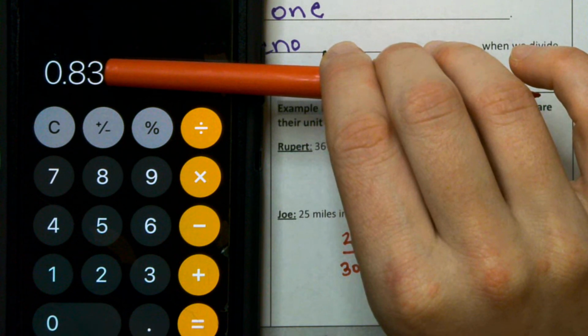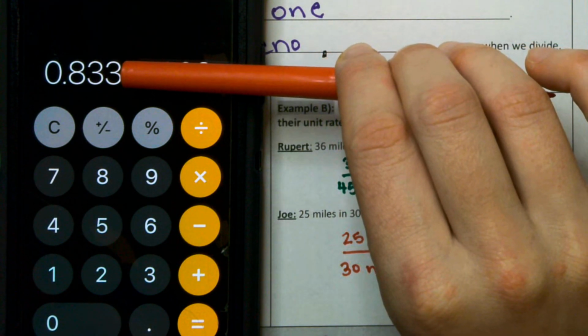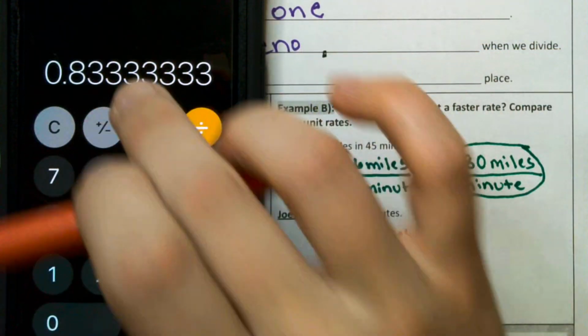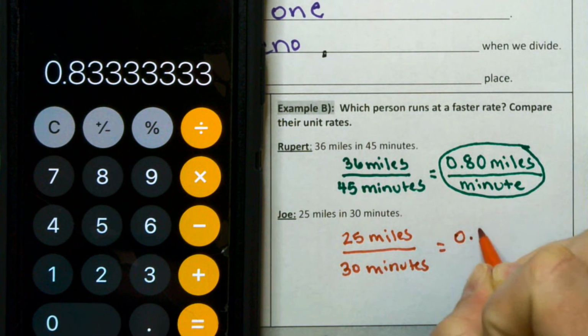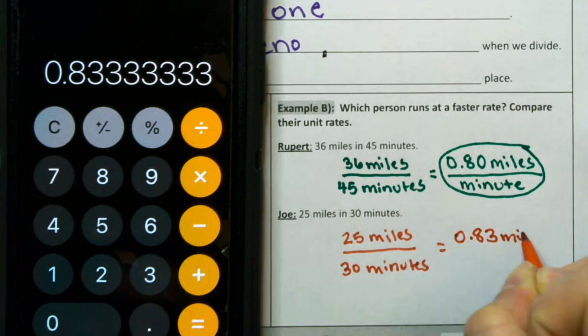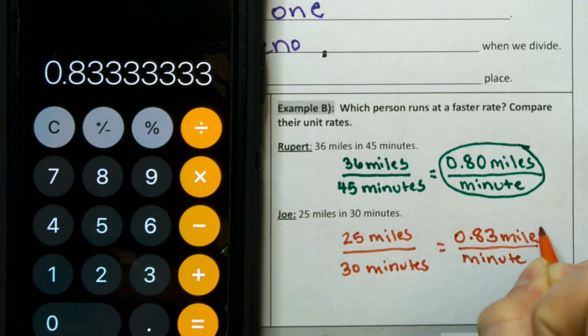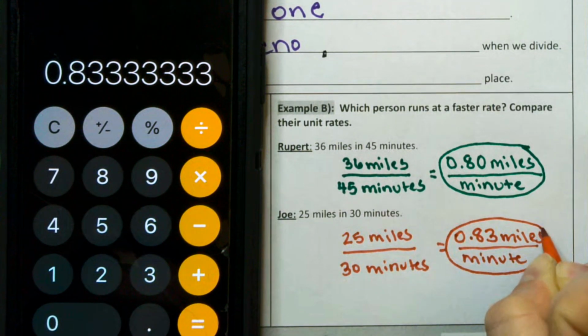It all depends on the next number. So the next number is a 3. That's below 5, so it's going to stay 0.83. So we have 83 hundredths miles per minute.